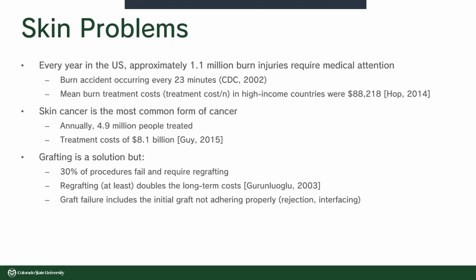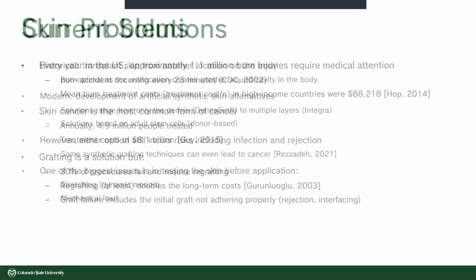So either this biological or biocompatibility rejection, or just the actual interfacing. So the alignment wasn't proper, or simple movement. We even move around in our sleep, but simple movements could actually damage the interface of where the adhesion is supposed to take place. Because humans are dynamic beings, when we walk around or when we move, we need to try to find a way to address this.